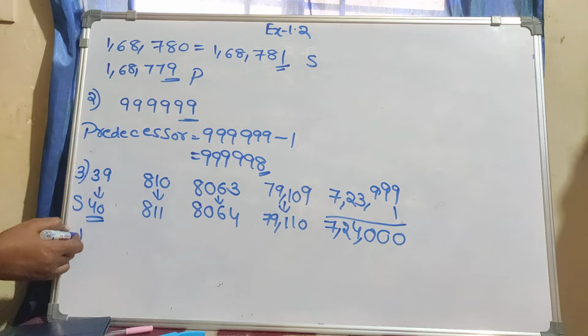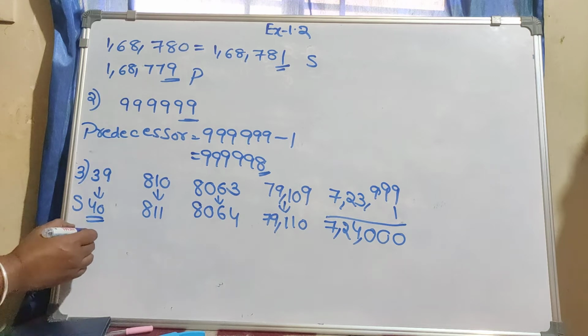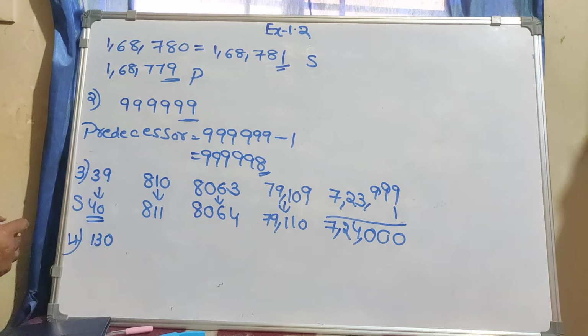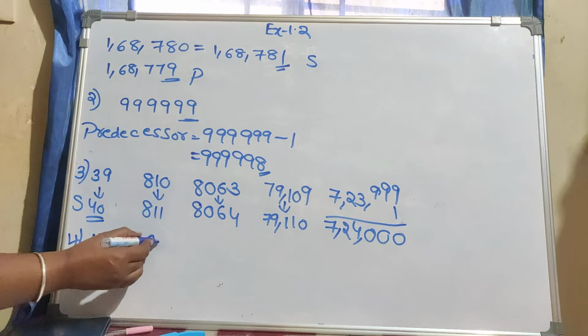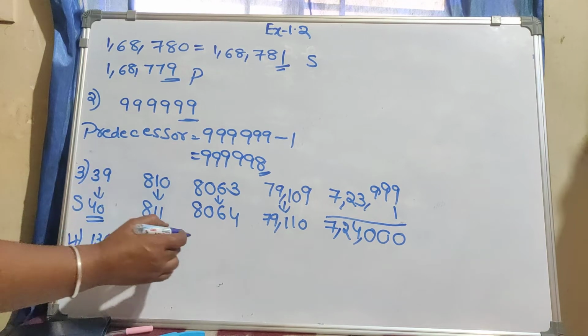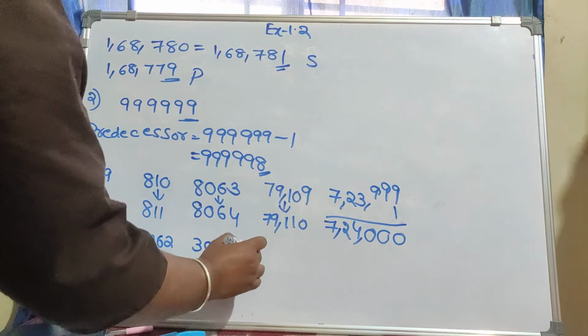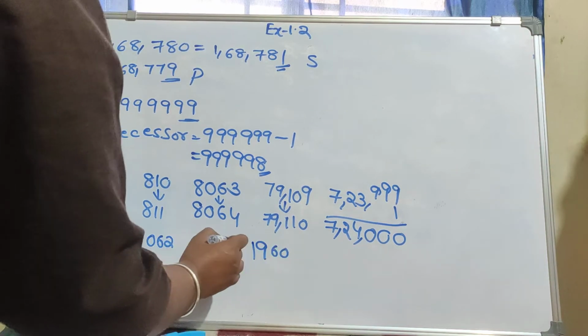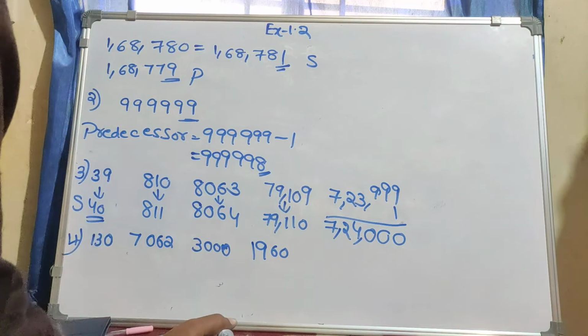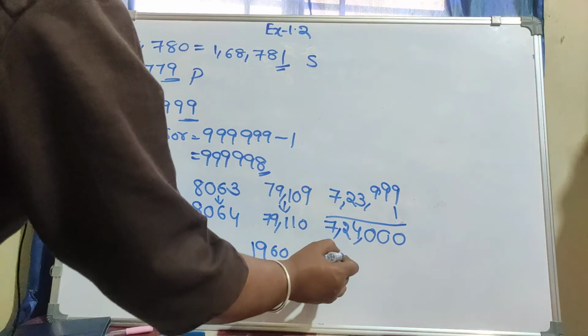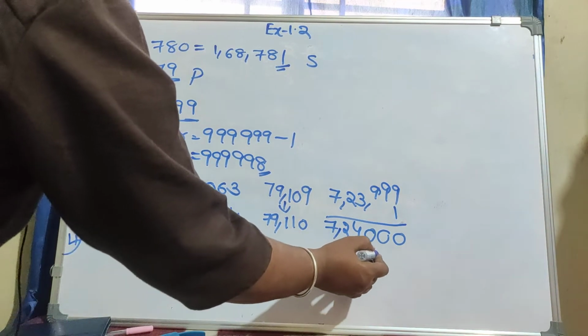Now the fourth question, they are asking for the predecessors. What is the predecessor of 130? 7062, 3000, 1960, 2 lakhs, 100.